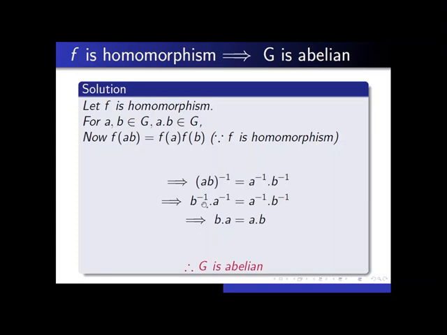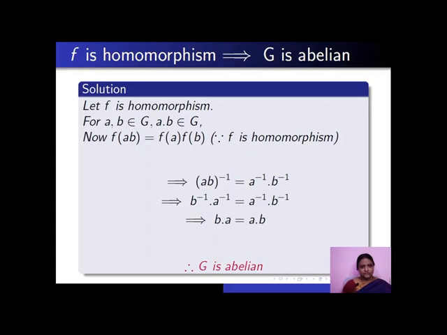So if we take inverse on both sides, applying it to both, this will become BA, and AB is equal to BA. So A into B is equal to B into A, which means what here? G is abelian.